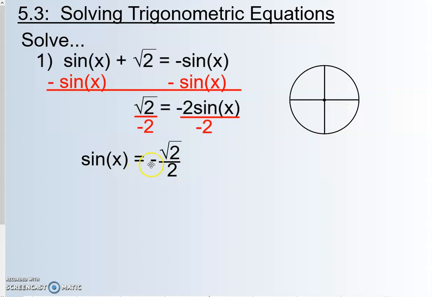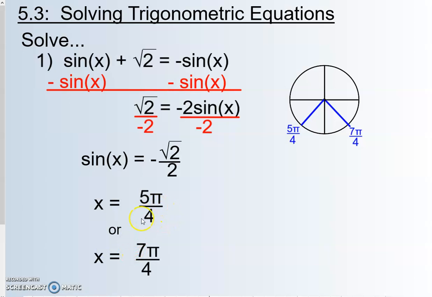I need the sine to be a negative radical 2 over 2. And I know from my unit circle values that radical 2 over 2, that's a bisecting angle. And so in quadrant 3, that bisecting angle is 5 pi over 4. And in quadrant 4, that bisecting angle is 7 pi over 4. So that tells me that x is 5 pi over 4, or x is 7 pi over 4.